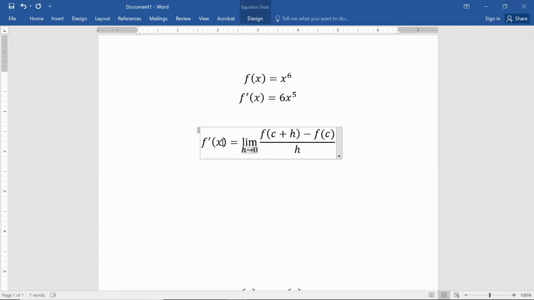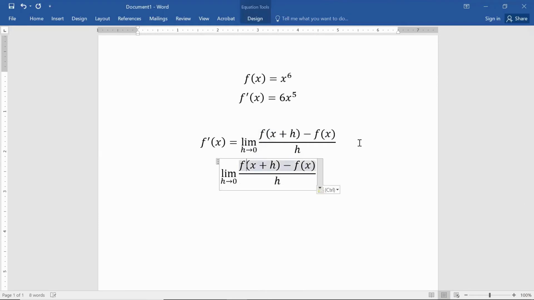If I had the definition, then I'd have to plug in x plus h into my function minus f of x, divided by h, and take the limit as h goes to 0. Again, you don't have to write this down, but I want to at least show you where the rule comes from.